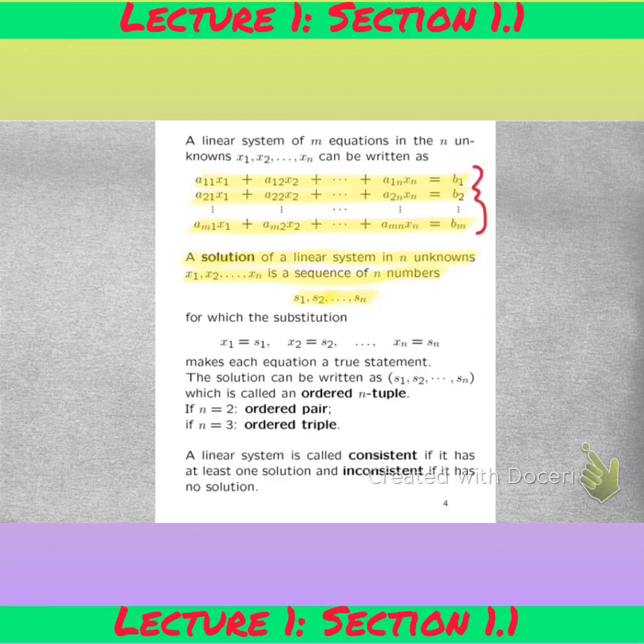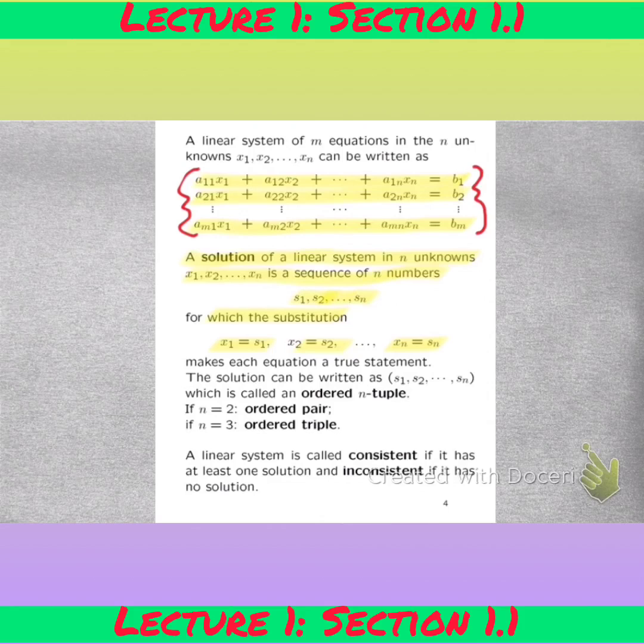So after substitution, I set x1 equals s1, x2 equals s2, and so on until I set the last variable equal to sn. It will satisfy every single one of the linear equations in that list. Then we say that that sequence of numbers is a solution to that system.